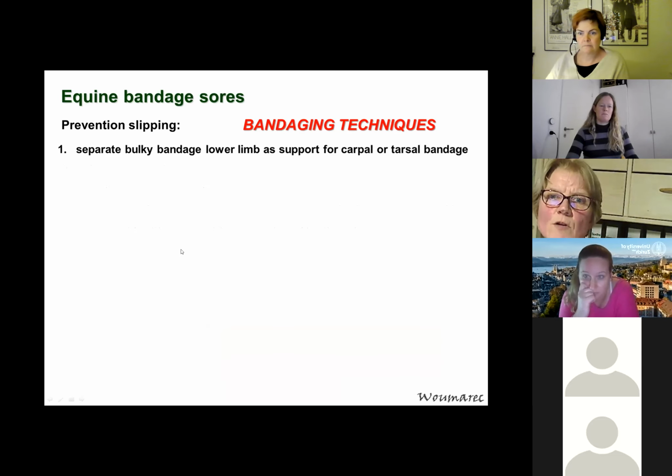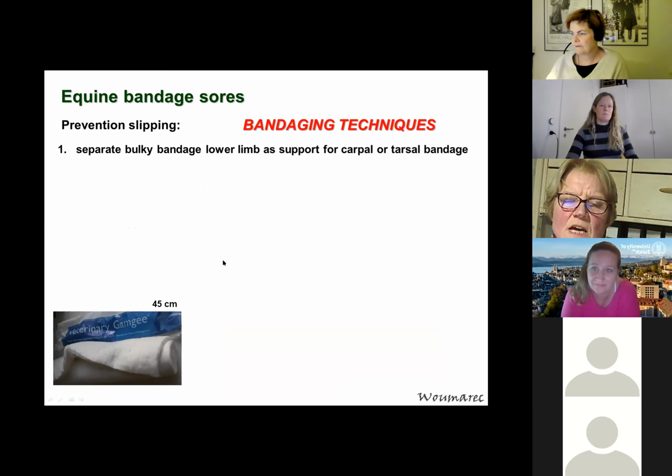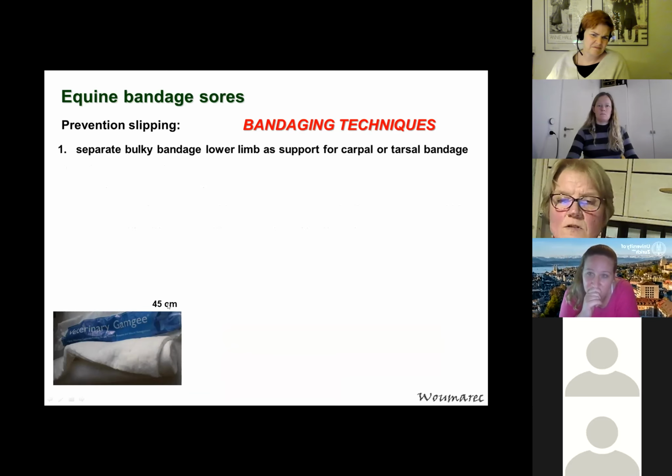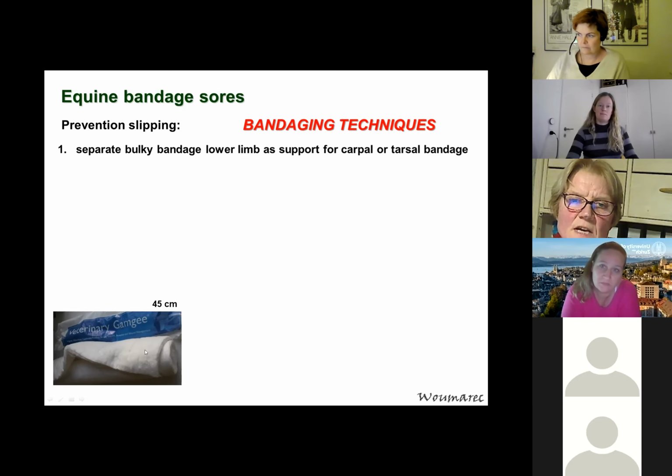So the separate bulky bandage on the lower limb, it's quite easy. What I personally like to use is the veterinary gamgee for horses, the 45 centimeters, because the length of a lower limb of an adult horse is approximately 45 centimeters, so that's a nice size.